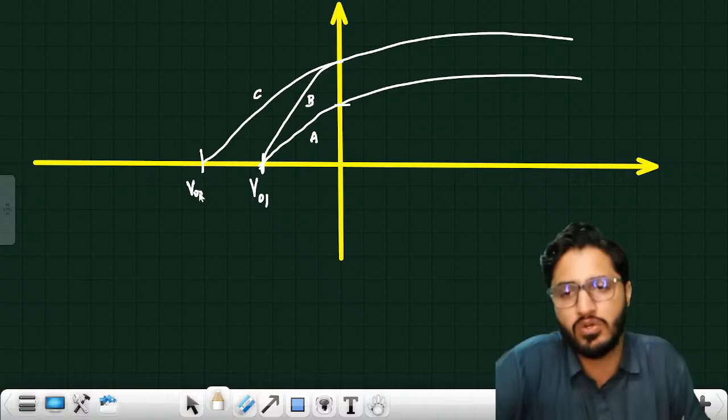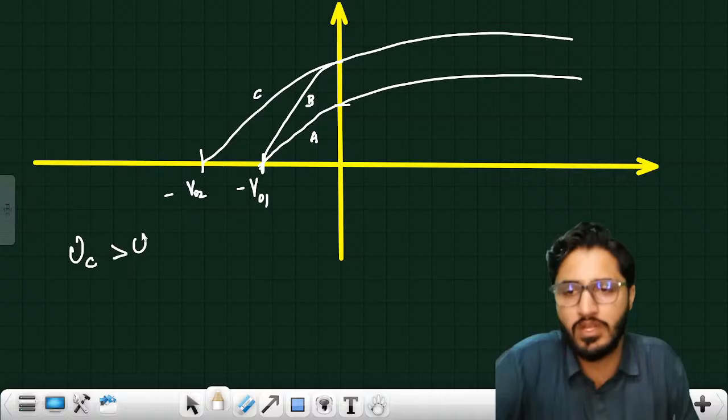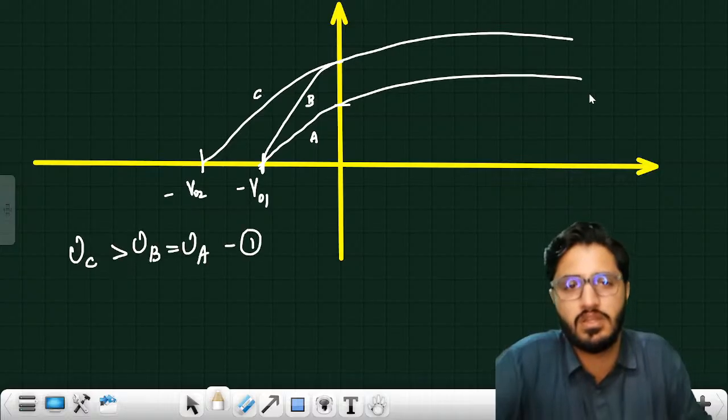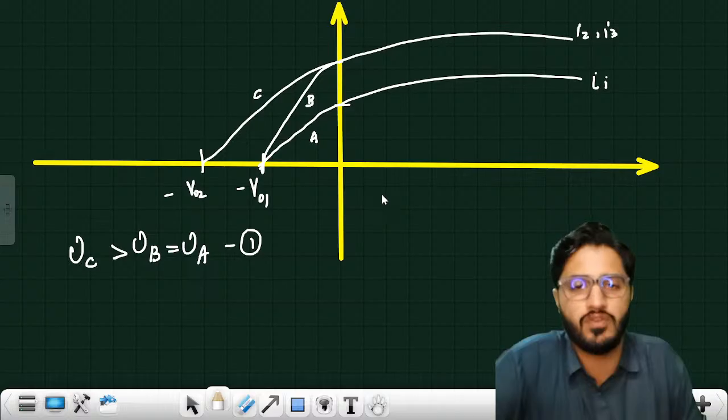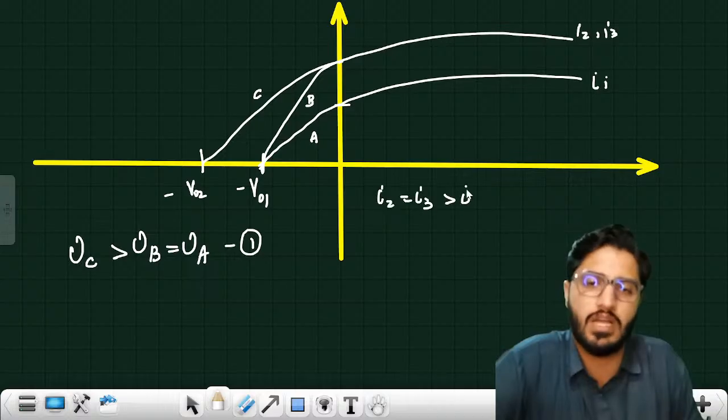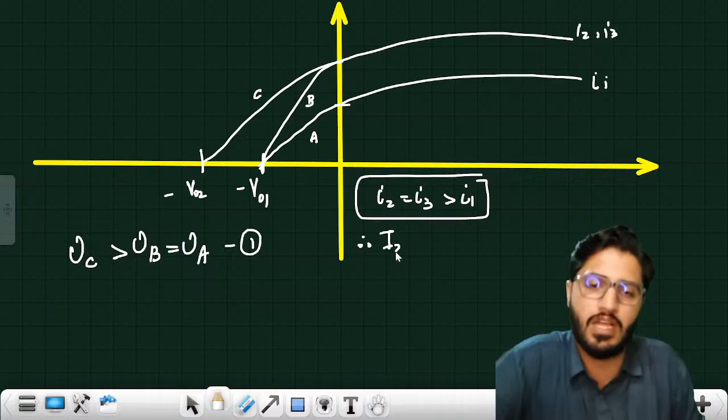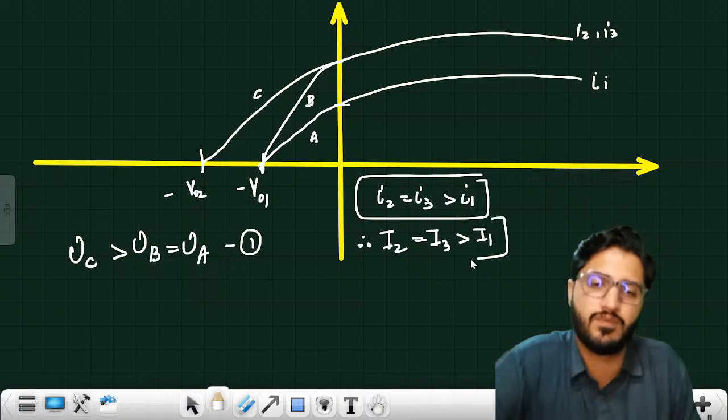Here it is minus V naught 2. So you will write now frequency of C is more than frequency of B, and frequency of B is equal to frequency of A. First thing, current I: here it is I2 and I3, here it is I1. So you will write now I2 is equal to I3 and I3 is more than I1. Therefore, intensity I2 is equal to intensity I3, but it is more than intensity I1.